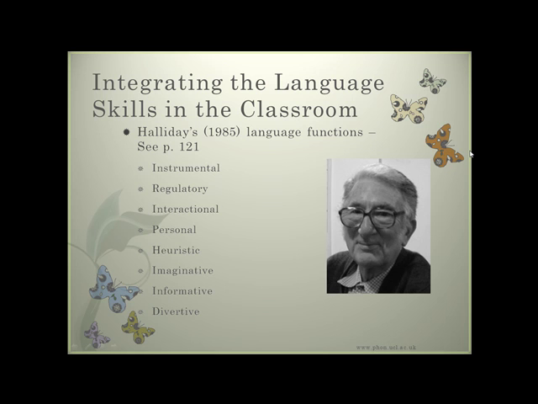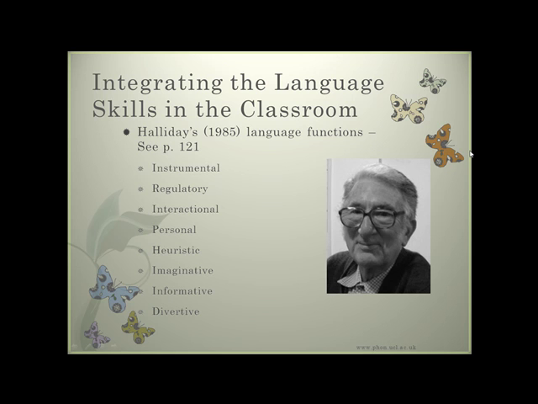So a learner might say, I don't like eating peanut butter and jelly sandwiches, or I don't like when you pull my hair, etc. With heuristic, we are trying to figure out how to use language to gain knowledge about what is around us and the environment. So they might ask things like, why is it cold? Why is it raining? With imaginative and divertive, we're basically trying to use our creative self to tell stories, to tell jokes. Basically, we're using language in imaginative ways.